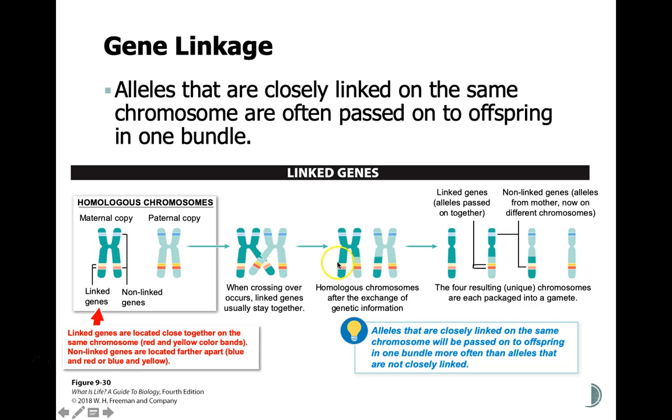So even when crossing over occurs, they stay together. We can also see the blue up here, those are genes that are not linked. They're not positioned closely on the chromosome. And so we can get those in different combinations with the red hair and freckles, but the red hair and freckles tend to stay together. And we see this sort of bundling effect when two genes are located closely together on the same chromosome.